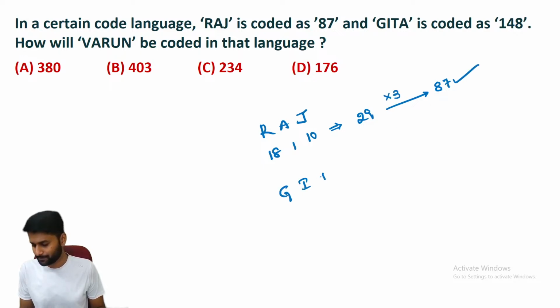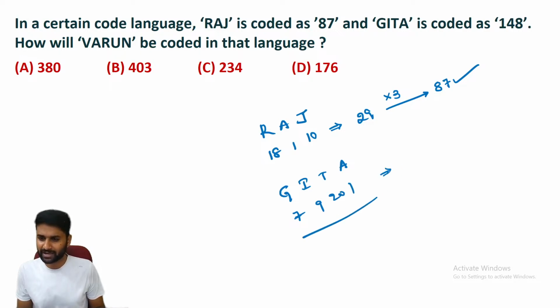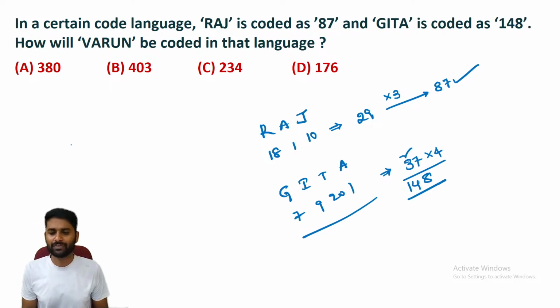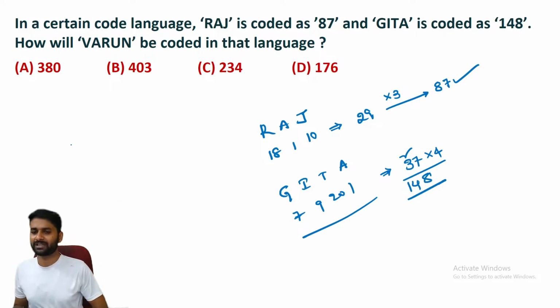Same way, Gita: here G is 7, I is 9, T is 20, A is 1. Go through the sum, you will get exactly 37, but you should multiply it by 4, the number of letters. So the reason is: the sum of the alphabetical positions is multiplied by the number of letters.